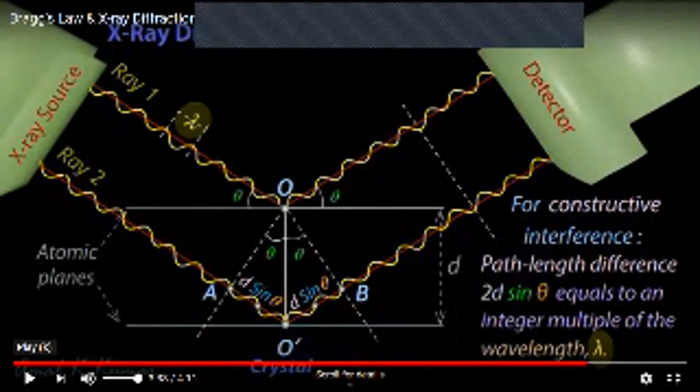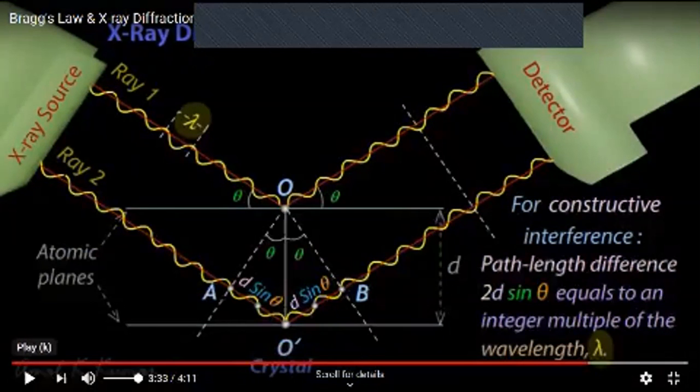And for crystallography, this integer multiple of the wavelength is set to 1, because we mentioned earlier in the lecture.